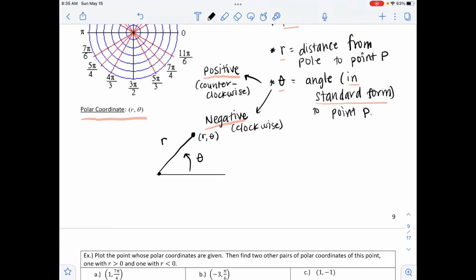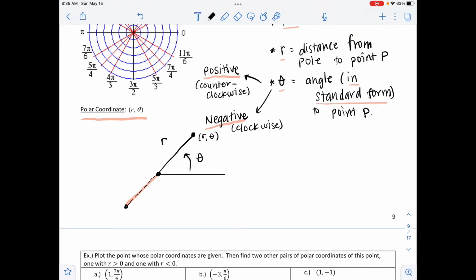And so we have this idea of a negative r value, and what that negative r value means is that the terminal side that creates that angle is going to reflect through the pole and onto the other side. So doing that, that would be like down here. That distance would still be the same. And so this distance here would match the distance for r.